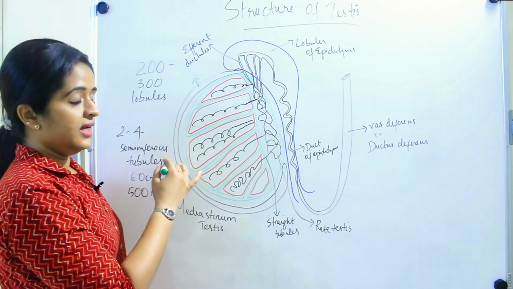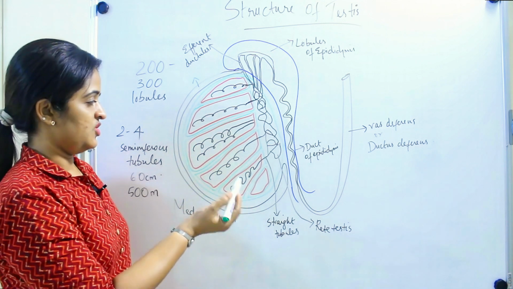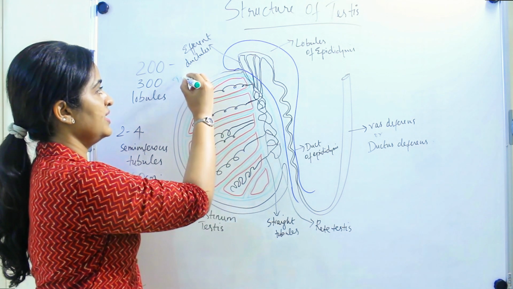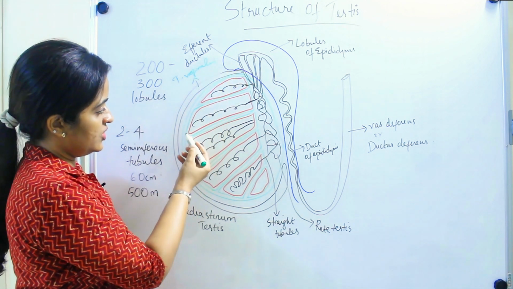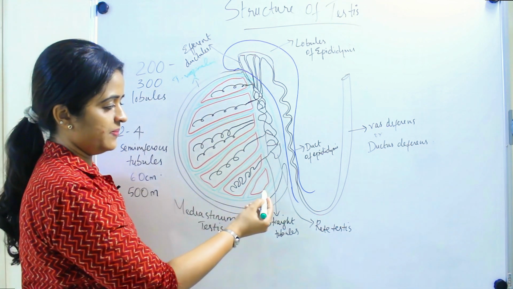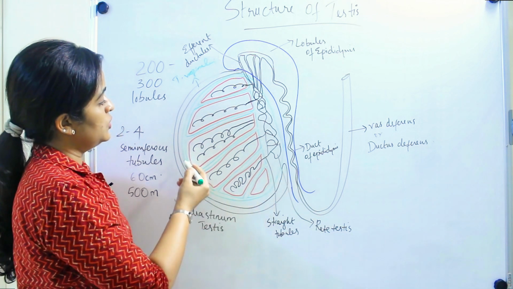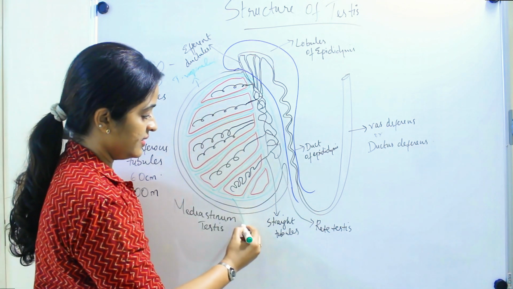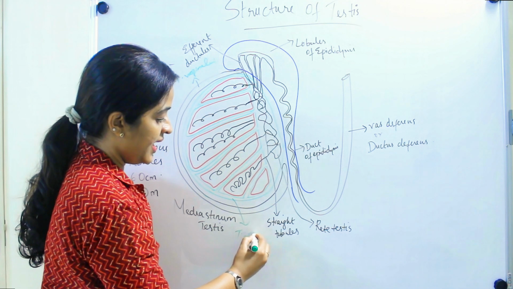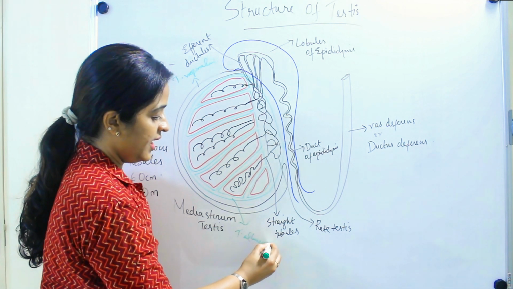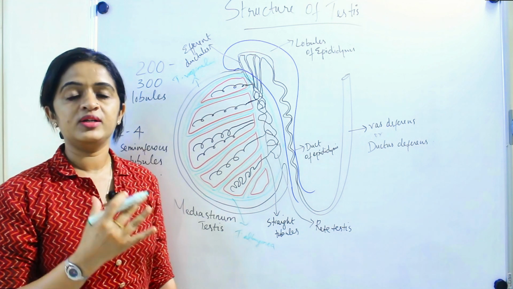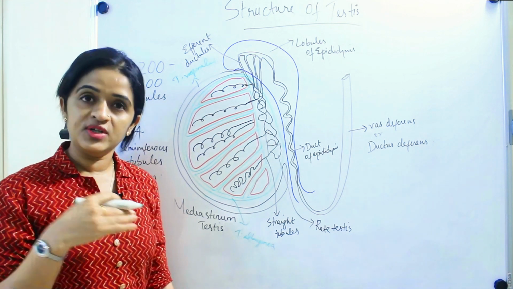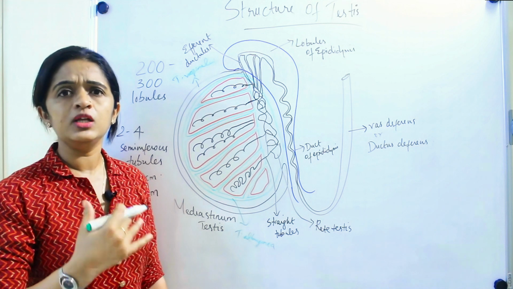Then inner to the tunica vaginalis, this green colored region is the tunica albuginea. When we talk about the tunica albuginea, it is one important structure which divides the testis into many lobules.